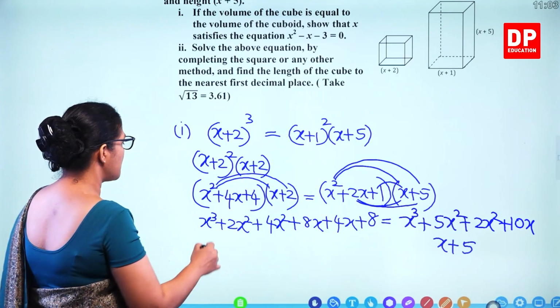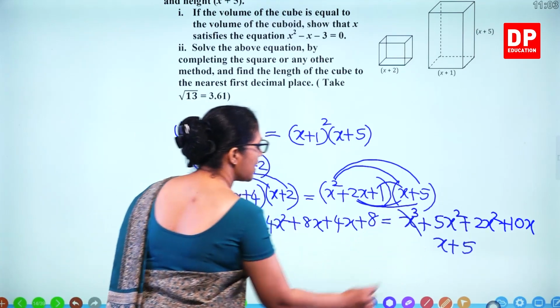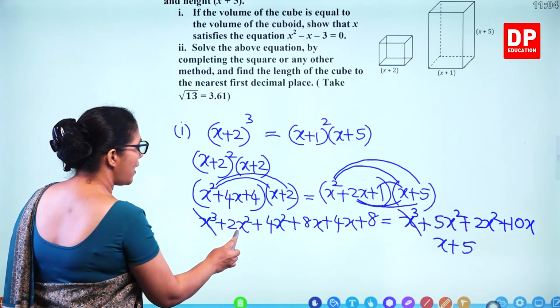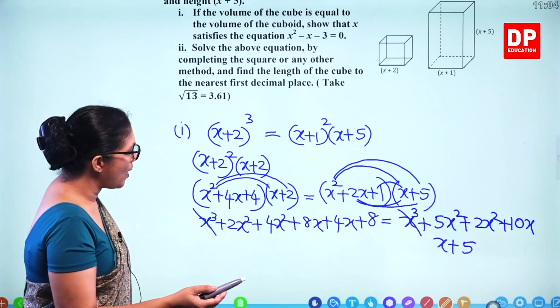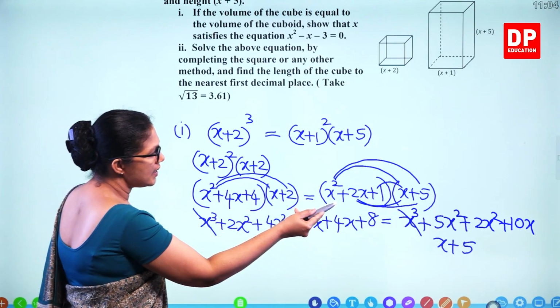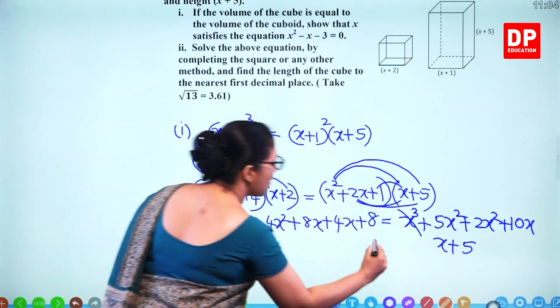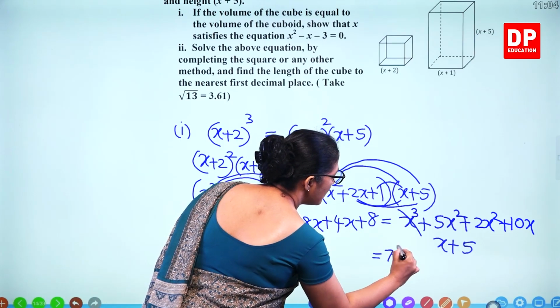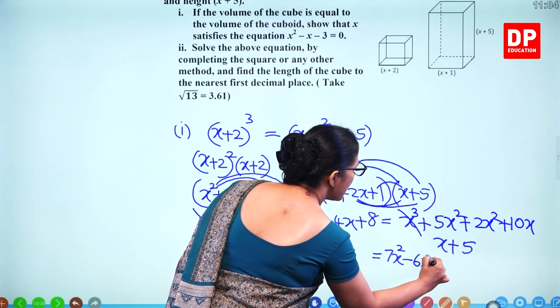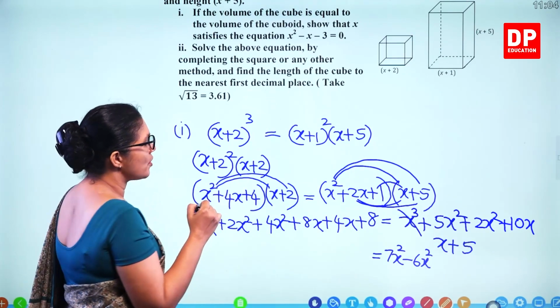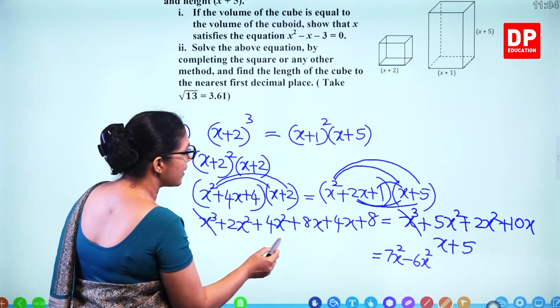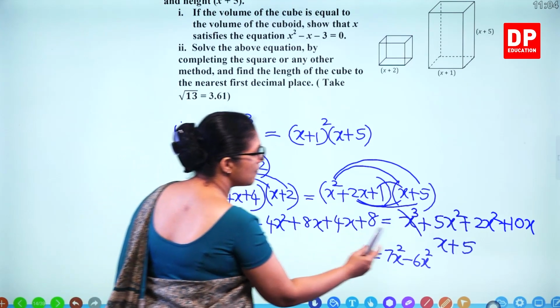Now, what are the terms that get cancelled out? x cube gets cancelled out. 2x squared, 4x squared, 6x squared, and there you get 5 plus 2, 7. So, 7x squared minus 6x squared. We'll take it to this side because x squared is positive there. Then the x terms, 8 plus 4, 12.